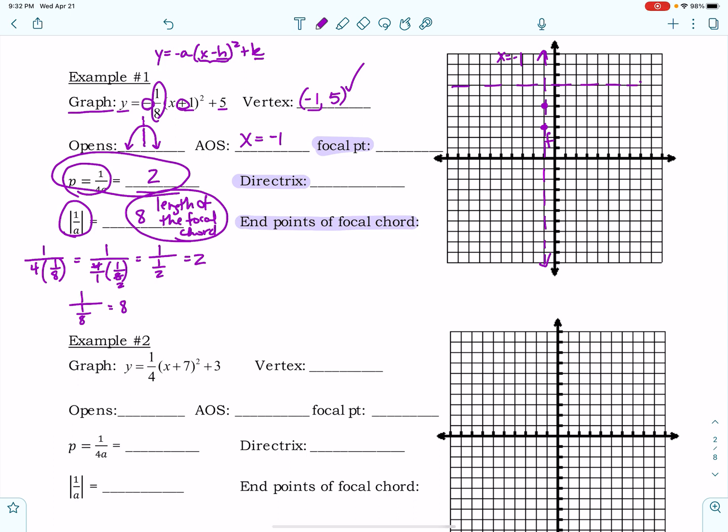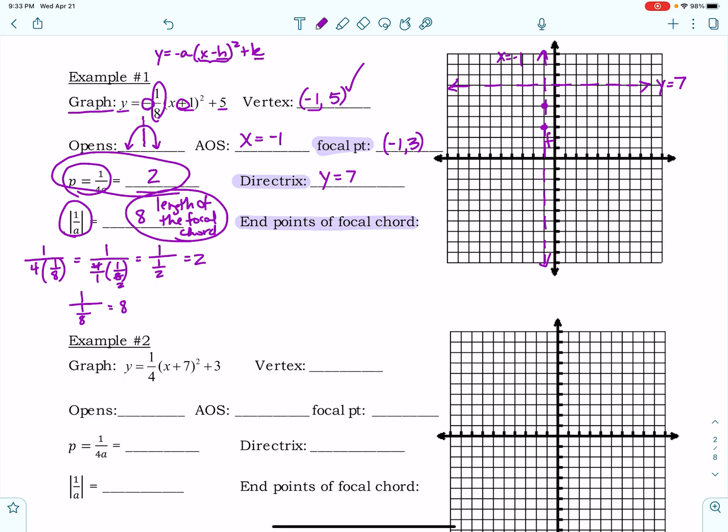Remember, that P measures the distance between the directrix and the vertex, and it's the same distance as it is from the vertex to the focus. So this value right here is 5, 6, 7, so y equals 7. That's the directrix, and the focal point is at -1, 3.